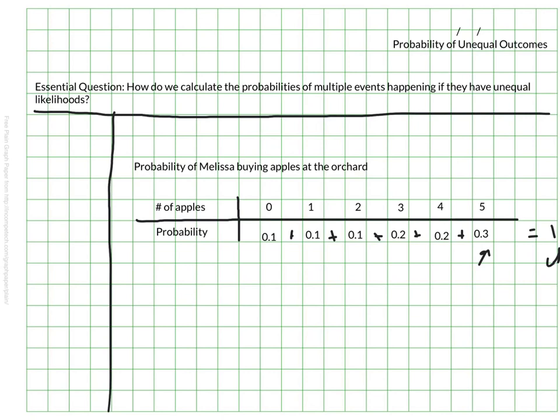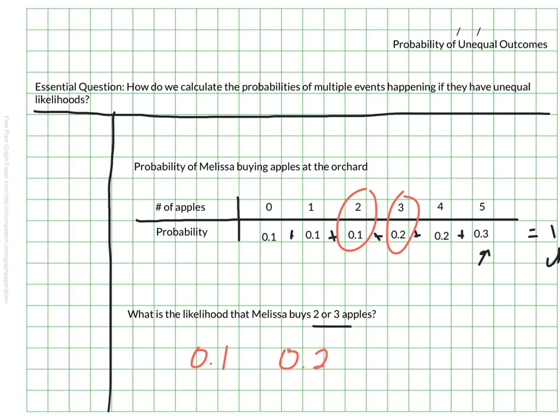Now that we've checked that, let's look at the topic of this video, which was how to calculate the probabilities of multiple events happening, especially if they have unequal likelihoods. So I'm going to pose a question. And that question is, what is the likelihood that Melissa buys either 2 or 3 apples? So we know she has 1/10 probability of buying 2 apples, and she has 2/10 probability of buying 3 apples, right?